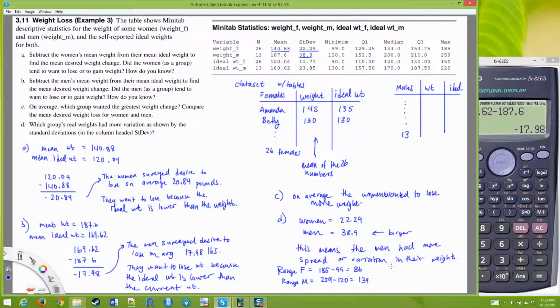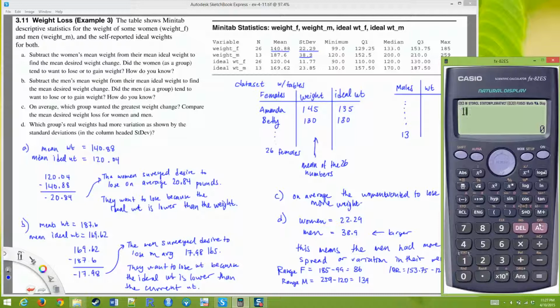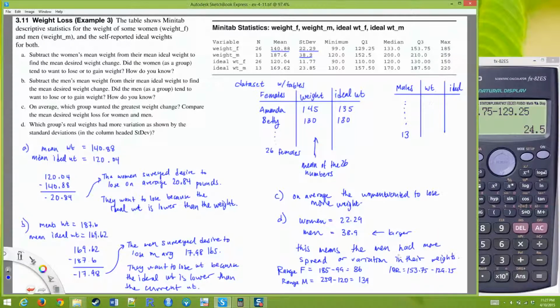We can also calculate the IQR from these summary statistics. The IQR for the females is 153.75 minus 129.25. The IQR is Q3 minus Q1. If I do that, we get an IQR of 24.5 pounds.